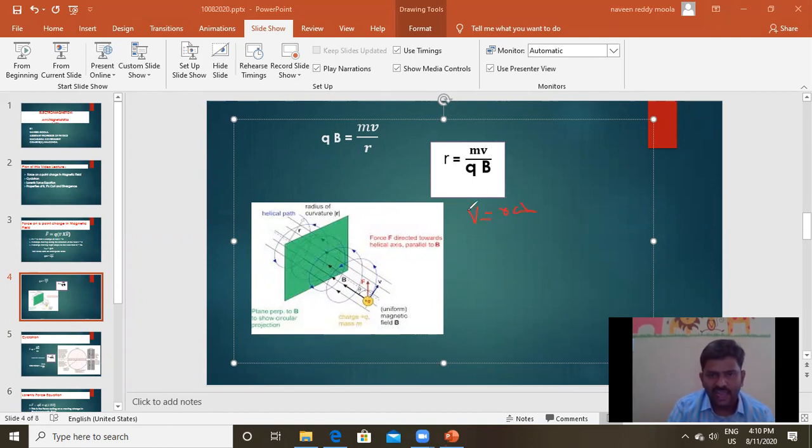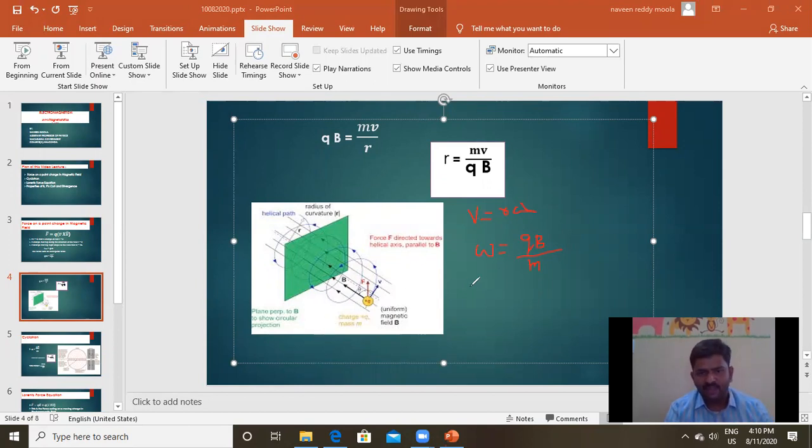Using that, we get omega is equal to V by R. If we do that, we get omega is equal to V divided by mv by qB. That means we get qB by m. qB by m is the angular velocity or angular frequency of this helical path.